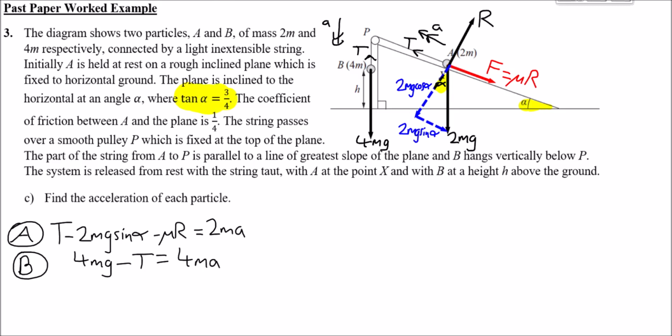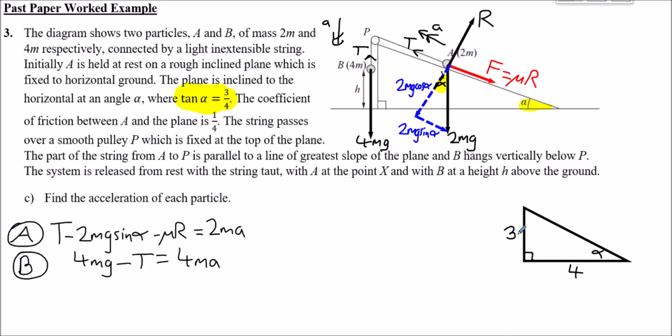Now I've mentioned this before, so if we've got tan alpha is 3/4, think about what the tangent function is. The tangent function is the ratio of the opposite side to the adjacent. So if tan alpha is 3/4, that means for every 3 units the opposite side is, the adjacent is 4 units.